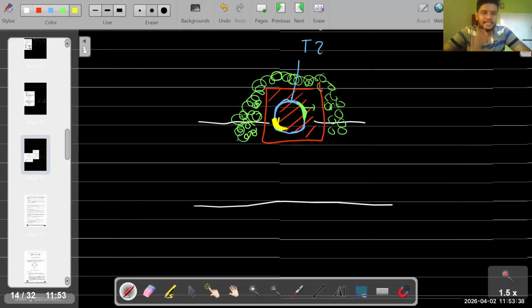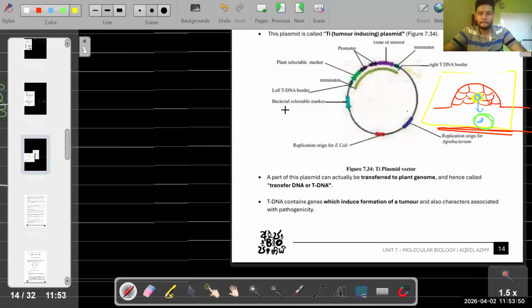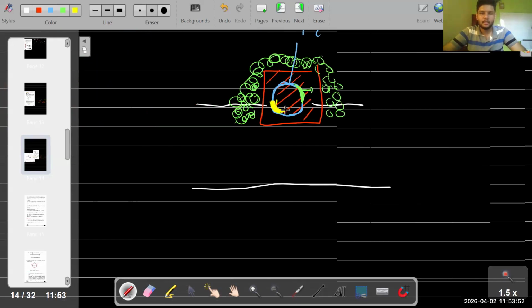Now I'll explain what is yellow. Yellow color. There's another segment in that. What it does is a part of this segment will actually be transferred to the plant genome. Now what happens here is, I'll give a white color. Now this is the plant stem, right? Plant stem has plant genome. Will you agree with that?